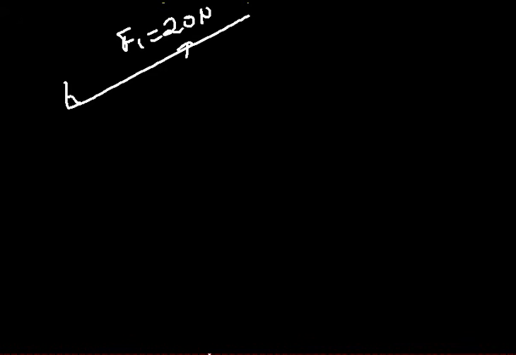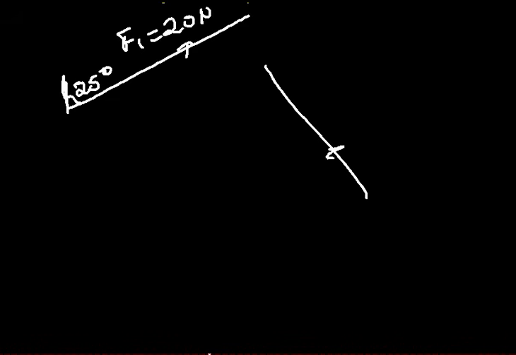And let's say we have a vector F1, which is equal to 20 newtons, acting at an angle of 25 degrees with respect to the vertical axis.